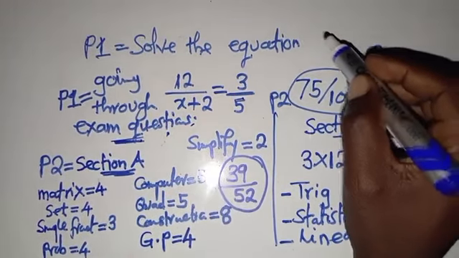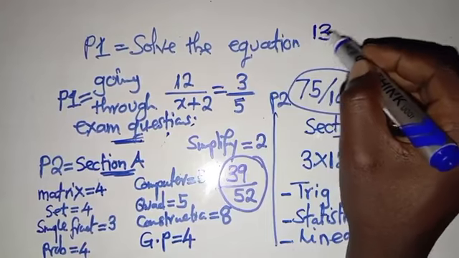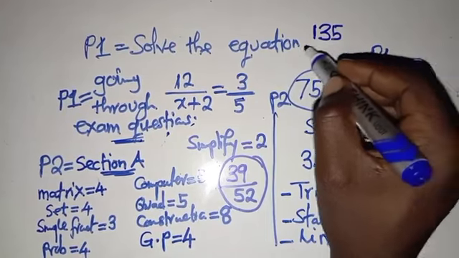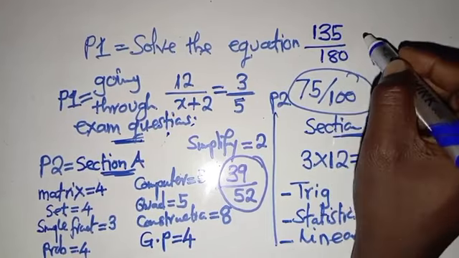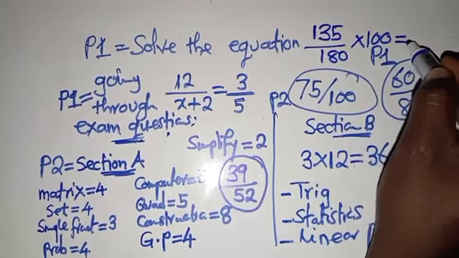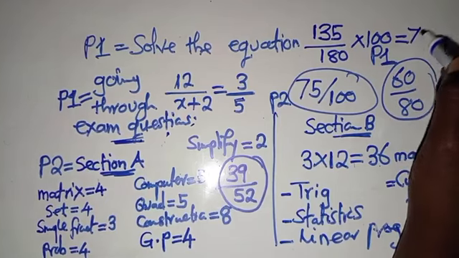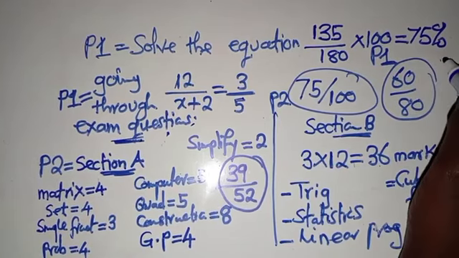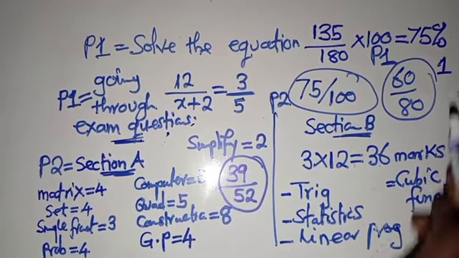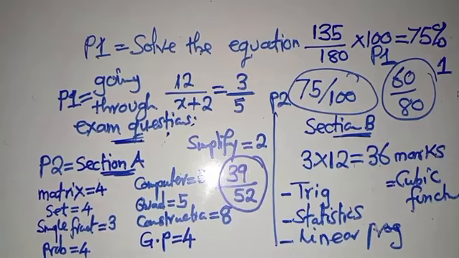This is how they calculate your percentage: 135 over 180, times 100%. This is 75%, and this is a distinction 1. As simple as that.